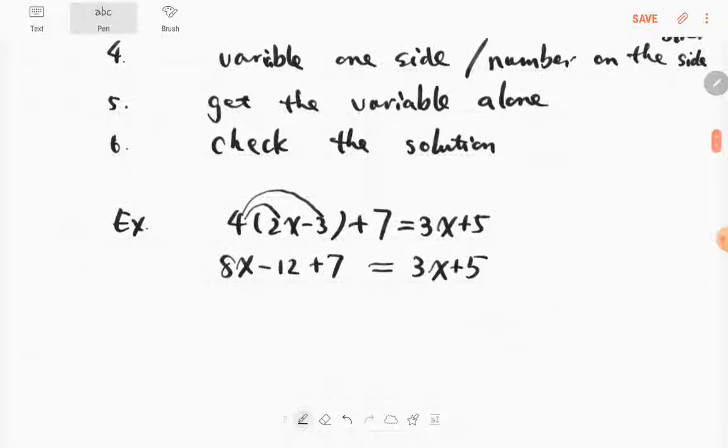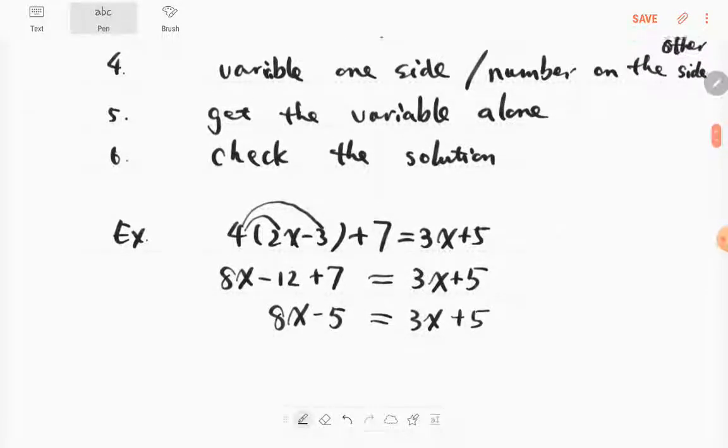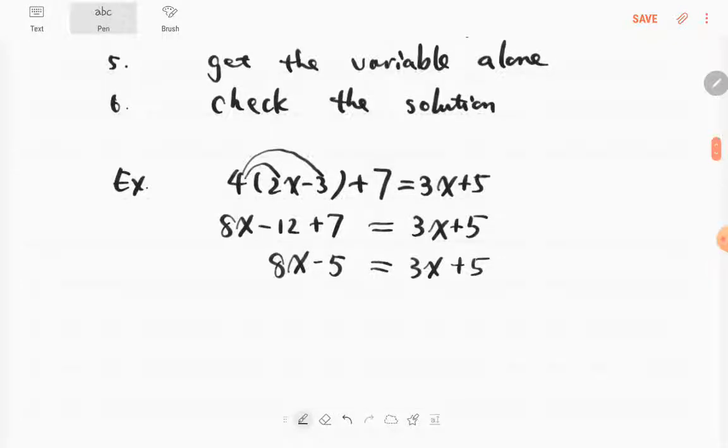So after that, we should combine the like terms for each side, right? So we combine the numbers here. Minus 12 plus 7, we will get minus 5. Next step, we should keep the variable term on one side.